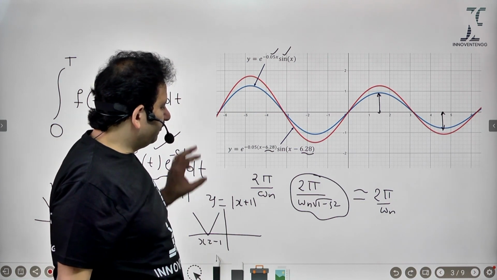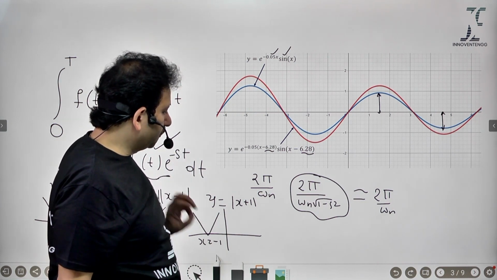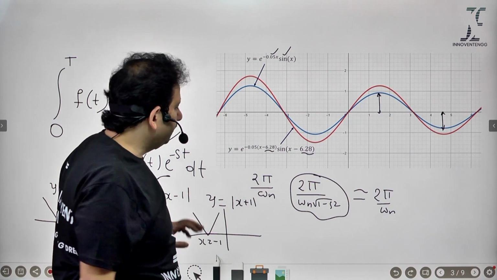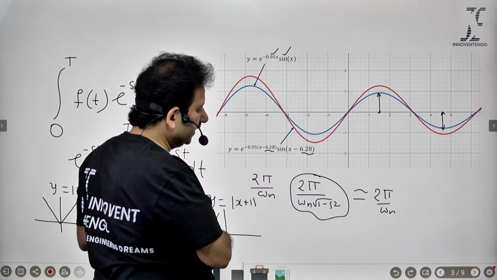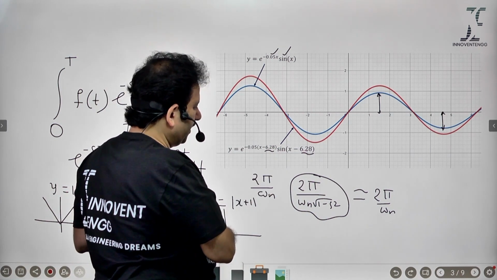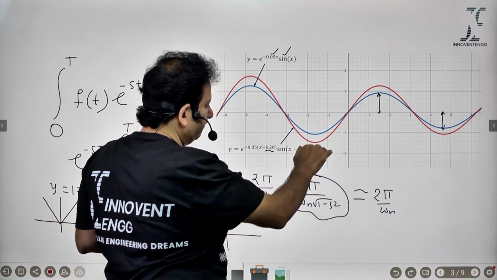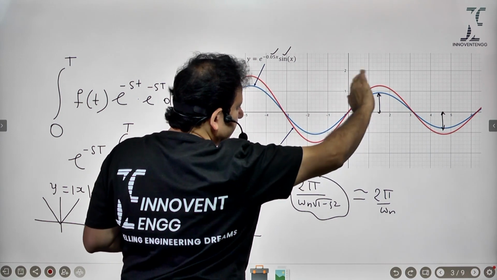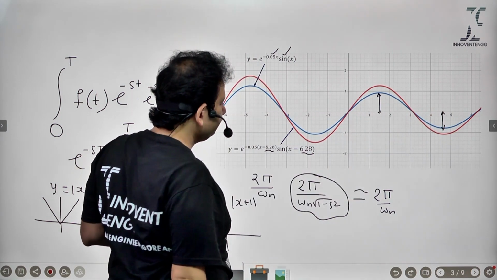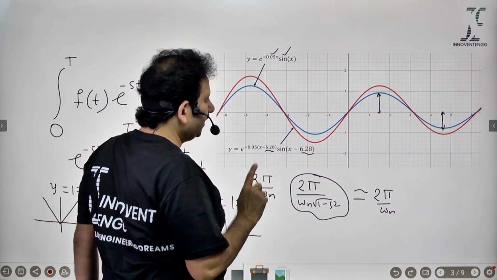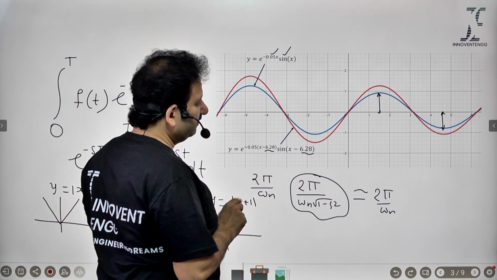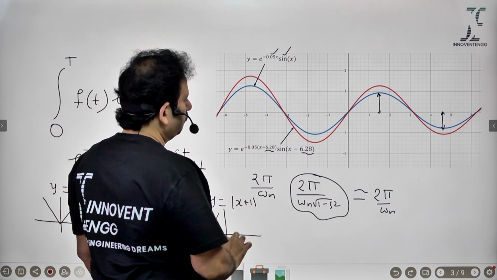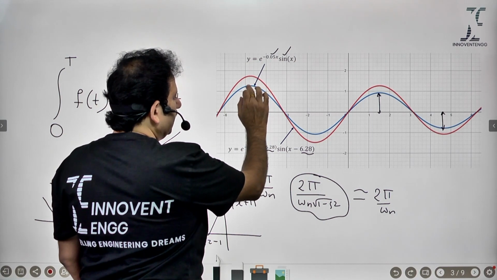So what we are trying to impress upon you here is, observe this carefully. Because you have subtracted almost the period, what happens? The entire wave is shifted to the right. It's very tricky to observe, because you can see the amplitude over here.